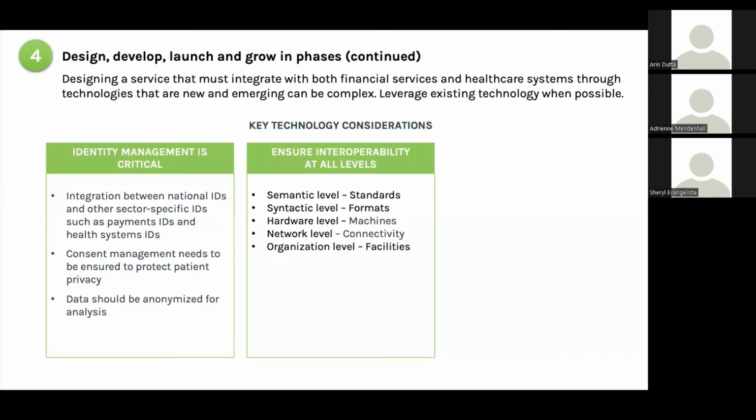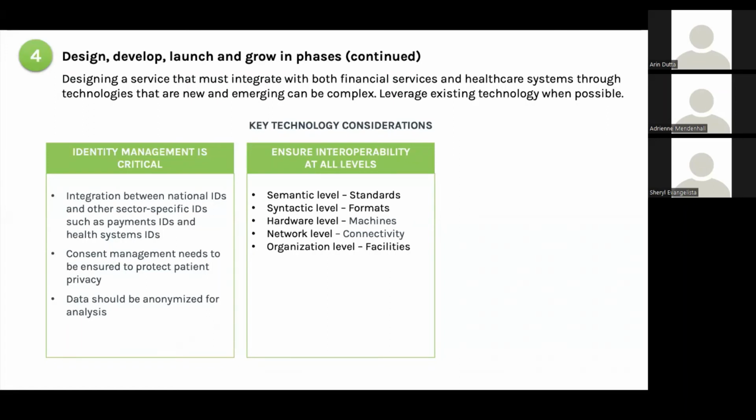Then also ensuring interoperability. So in an ideal world, these systems would be interoperable at all levels. But first we're going to look at the most important layer, the semantic level. Sorry, are the technology systems speaking the same language? Then going down to format that people are using. So at a health services organization, are they using Mac?